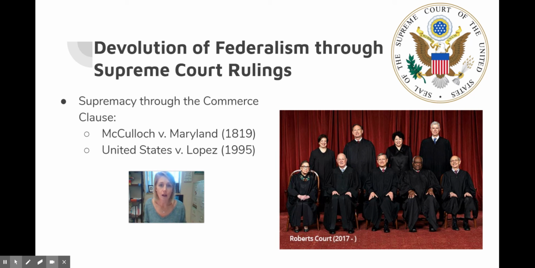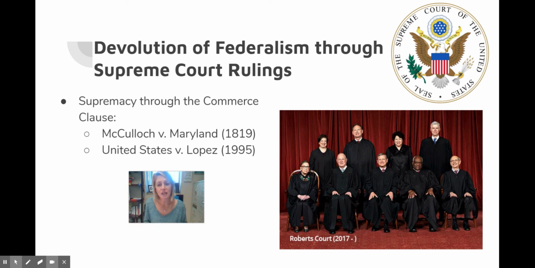Bringing a gun to school is not going to hurt interstate trade, and therefore this is an overreach of the federal government's power. Commerce Clause does not apply. It's not Congress who should regulate safe schools, but rather the states, because education is a state responsibility. So the Supreme Court's not saying it's okay for Lopez to bring a gun to school. They're saying it's not the federal government's job to decide. It's up to the states to regulate safety in schools, because school safety has nothing to do with the Commerce Clause.